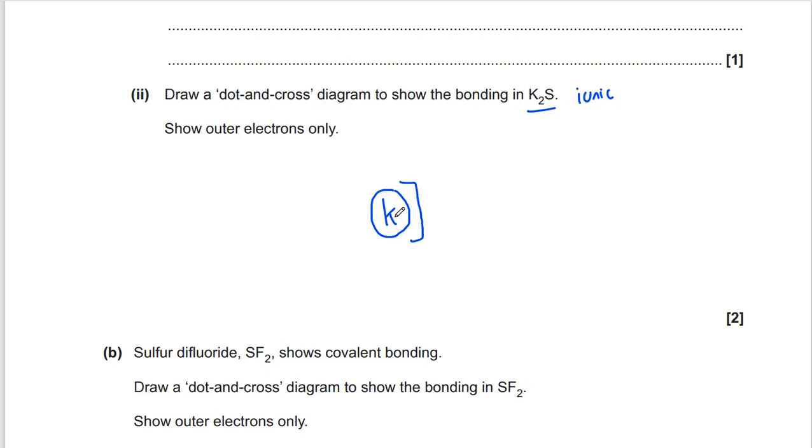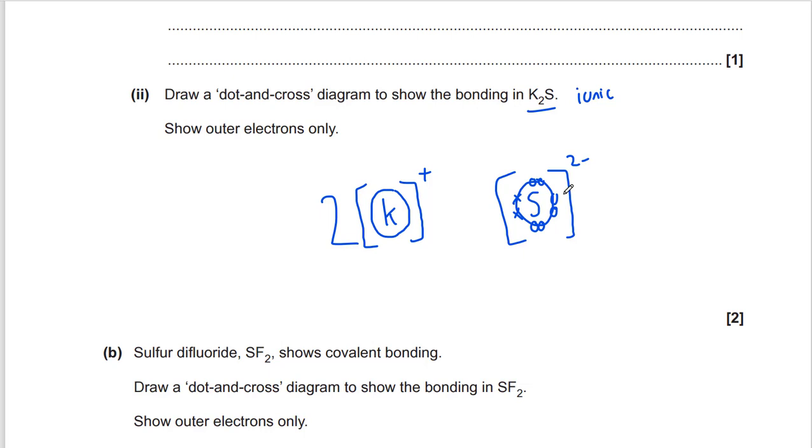So potassium loses the outer shell electron and becomes positively charged, and there are two of them. The sulfur will gain those electrons, so 1, 2, 3, 4, 5, 6 for sulfur, and 2 crosses to make 8, and the sulfur has a 2- charge.